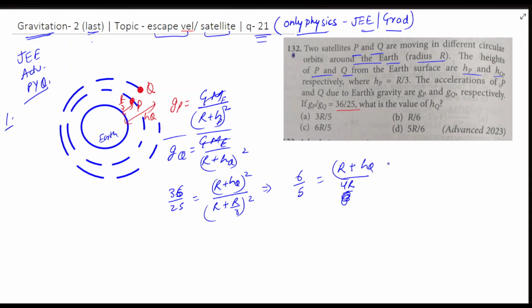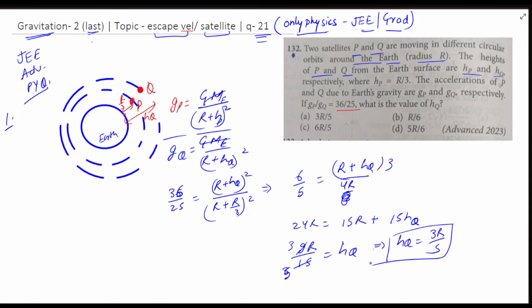The 3 will go up, so we will have 24R equals 15R plus 15HQ. So 24 minus 15 gives 9R upon 15 equals HQ. Dividing numerator and denominator by 3, we get HQ equals 3R by 5, right? So A will be the option. Quite an easy question, right?